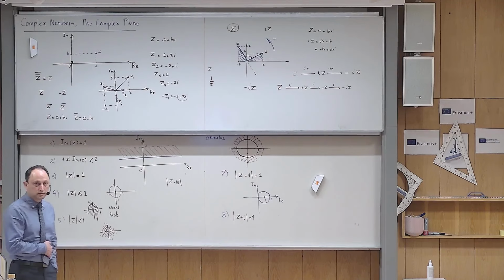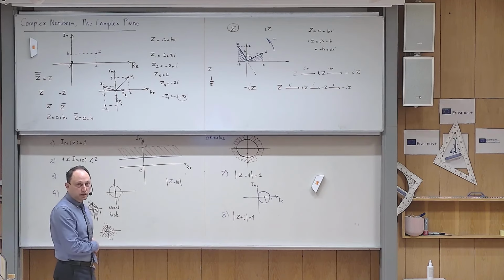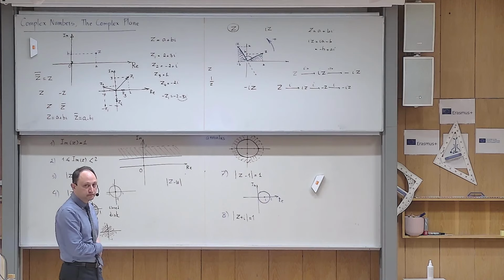Okay, what's the answer? Anyone else? Which part of it is hard? It's a circle with radius 1 and center 0 minus i.